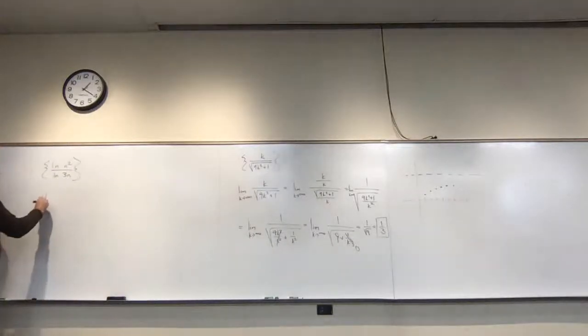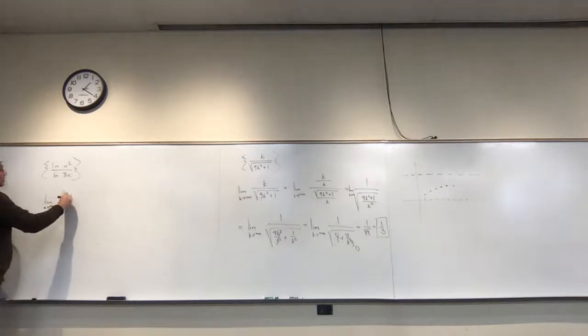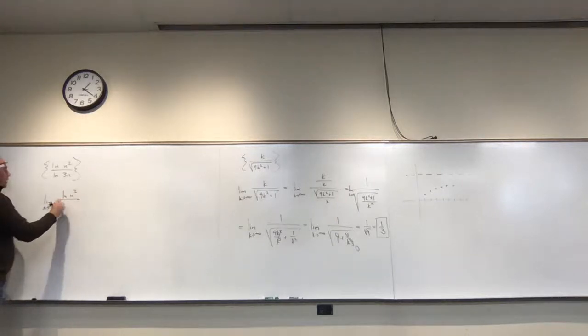So we have the limit as n goes to infinity of ln of n squared divided by ln of 3n.